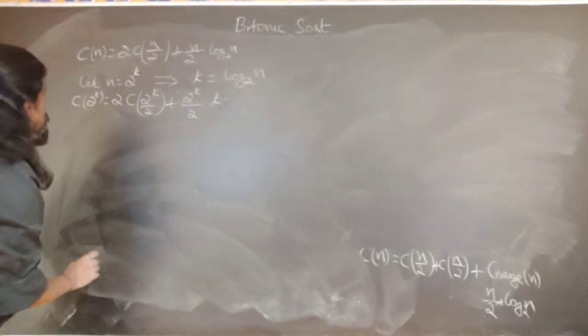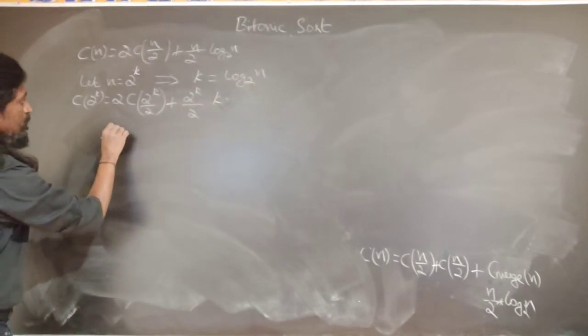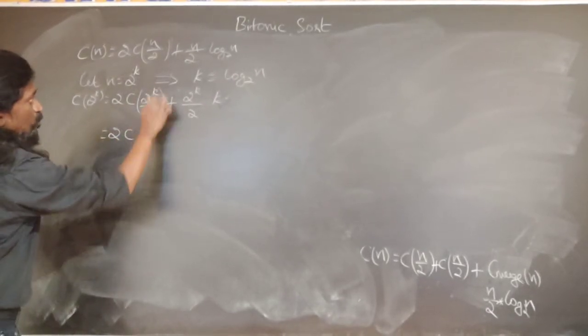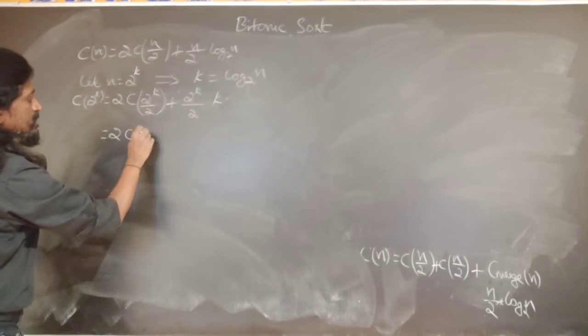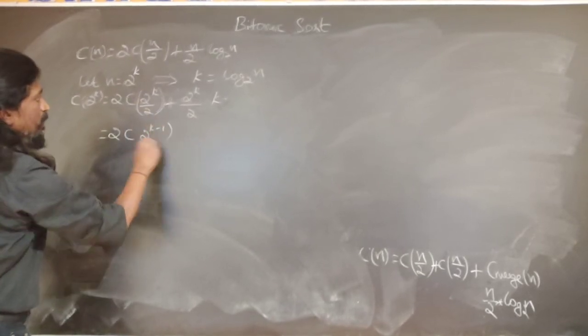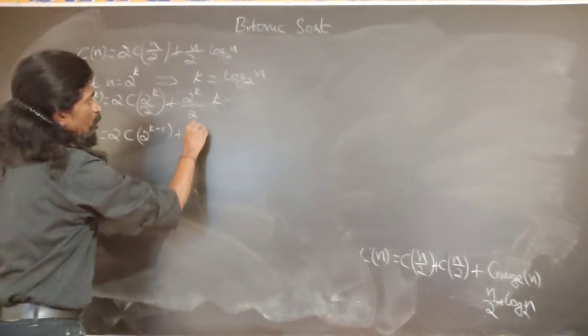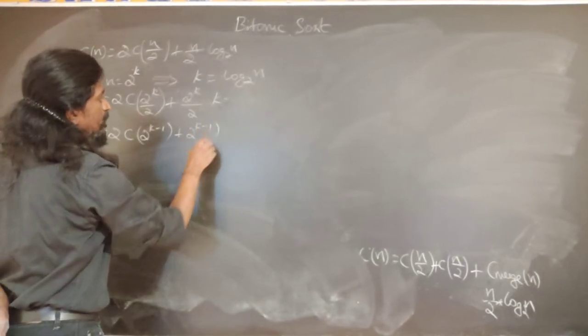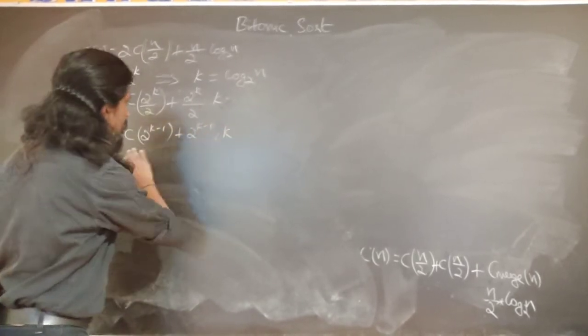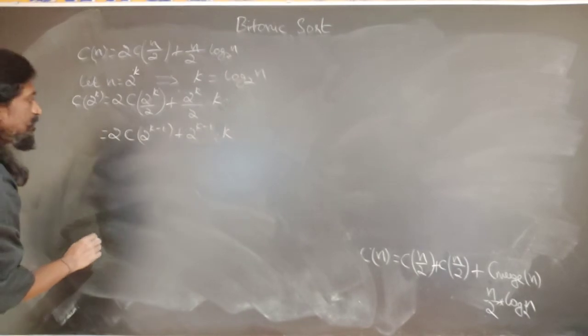So this is the expression we get. Now 2 times C of 2 to the power of k minus 1 plus 2 to the power of k minus 1 into k. So this is the expression we get.